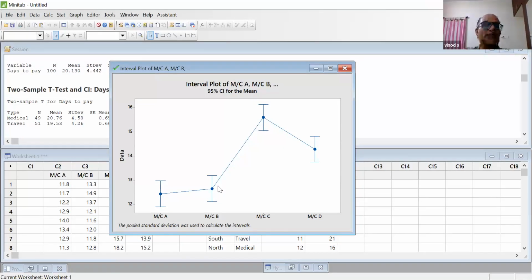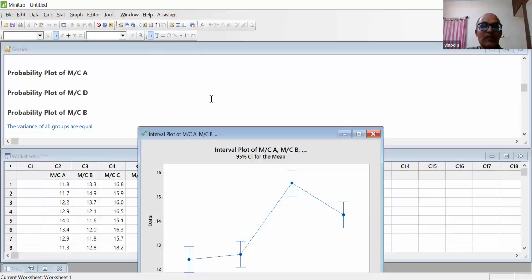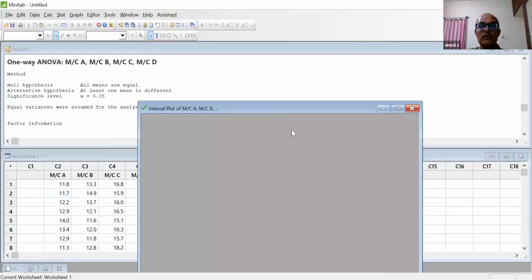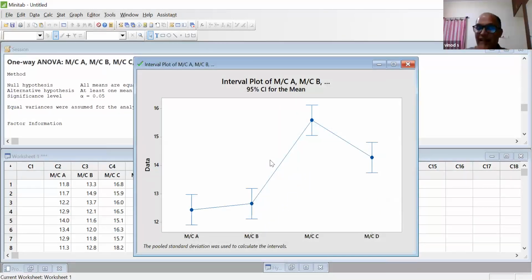Because when you look at the p-value, you are only concluding that they are different. But which one is different from which? For that you need the graph, right? Otherwise you don't know which one is different. You concluded that it is different, but somebody asks you which one is different.